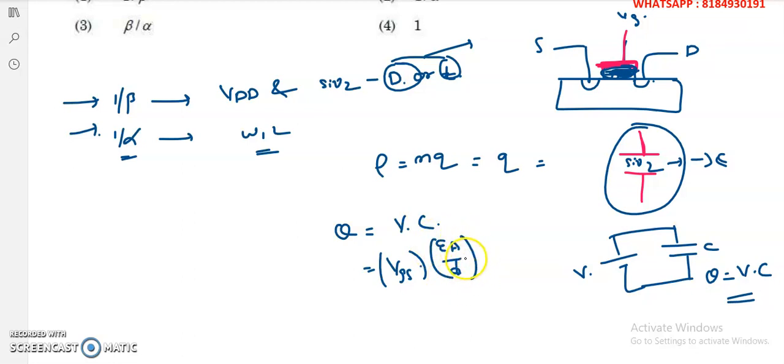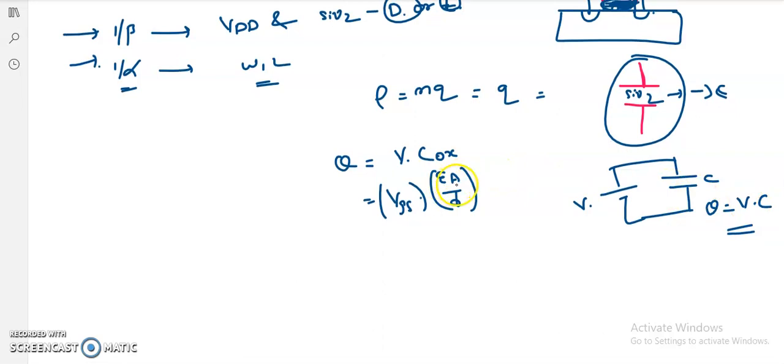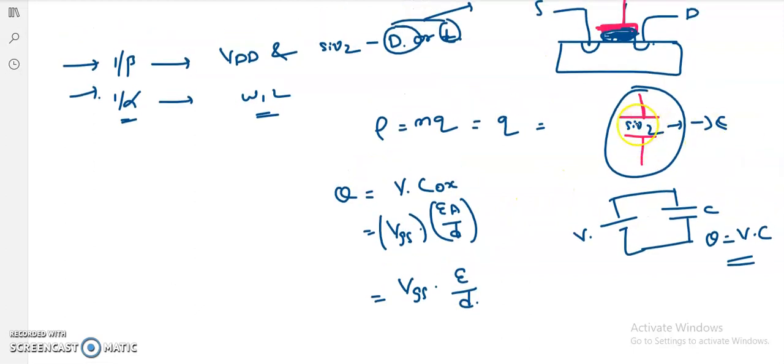While coming to this capacitance, here we take COX, that is the capacitance per unit area, that means the capacitance of the unit cross-sectional area. Unit cross-sectional area means A is equal to 1, so it is epsilon divided by D, where D is the distance between both these plates. The distance between the plates is also the thickness of the silicon dioxide.